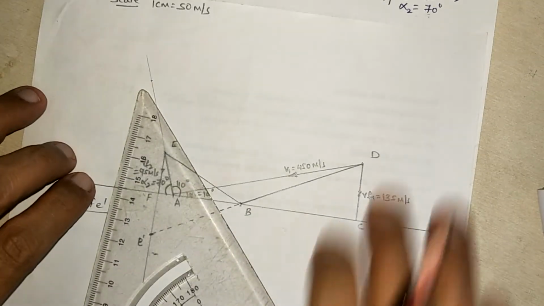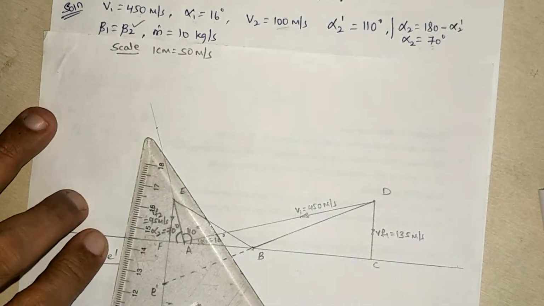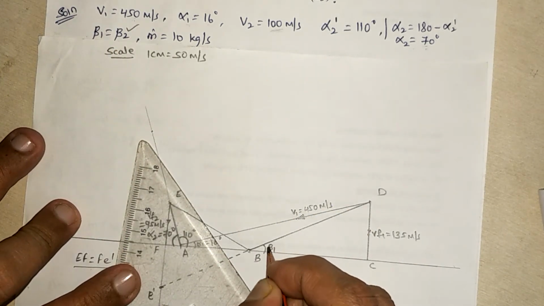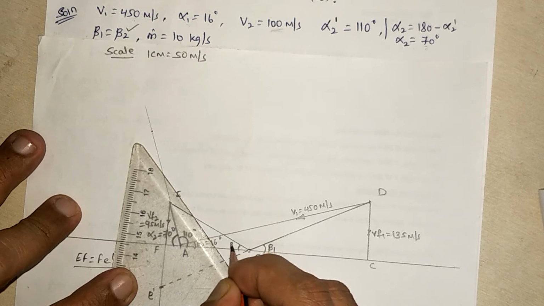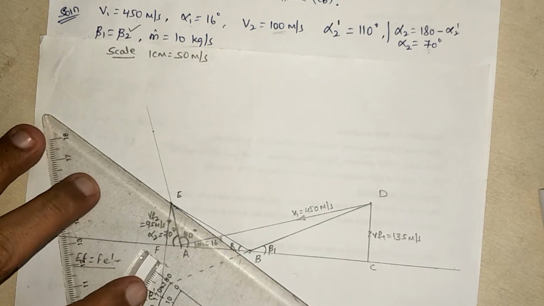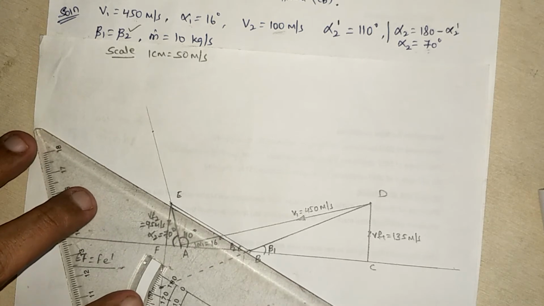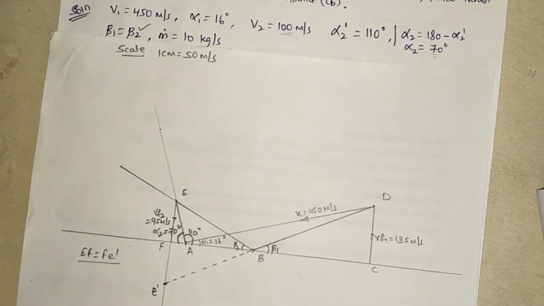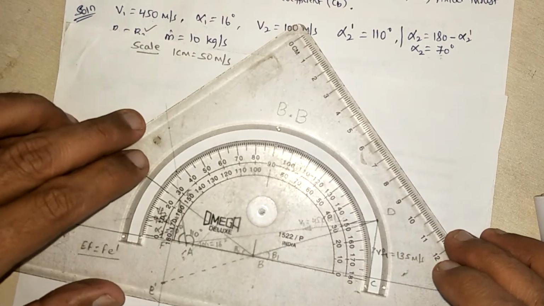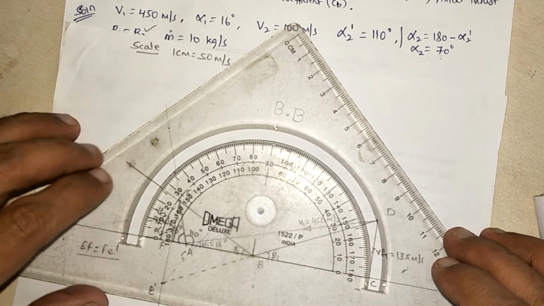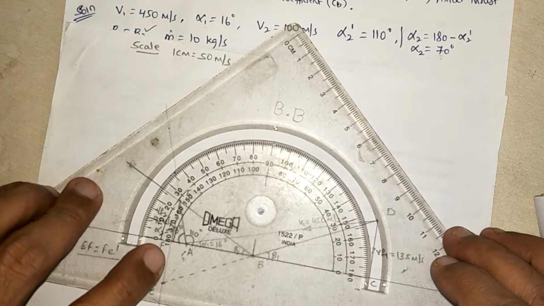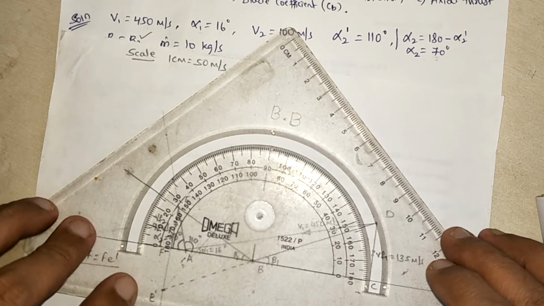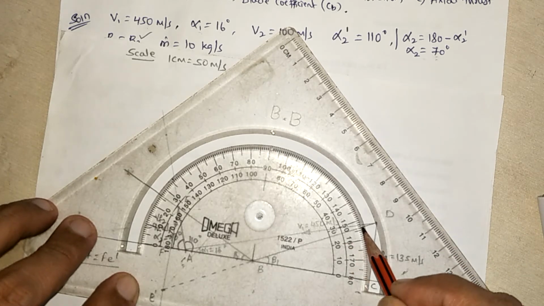In the problem it is clearly mentioned beta 1 is equal to beta 2, as you can see. This is beta 1 and this is beta 2. If you measure the angle values beta 1 and beta 2, you will get the same values. As you can see here, it is 26 degrees.